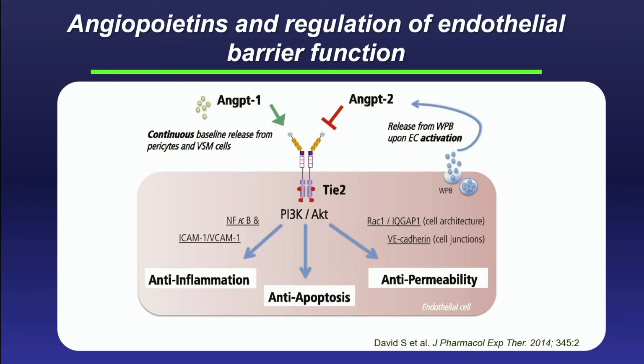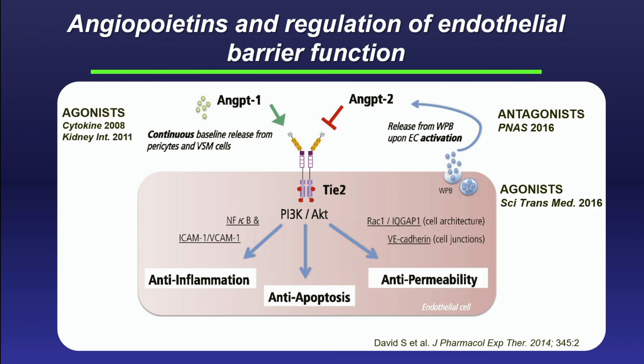In times of inflammation, such as sepsis or trauma, there's release of Ang2 from preformed granules. There's also increased Ang2 gene expression. It binds to the Tie2 receptor and leads to activation, where it leads to endothelial apoptosis, death, and the clinical syndrome of capillary leak and edema.